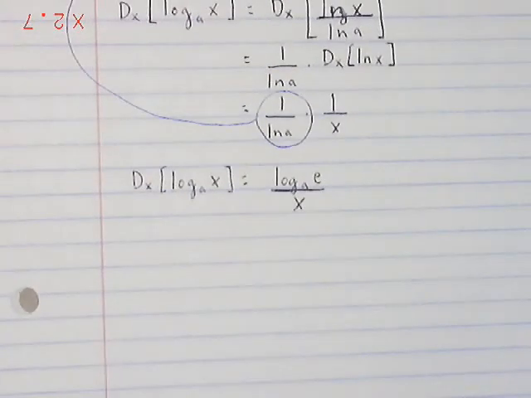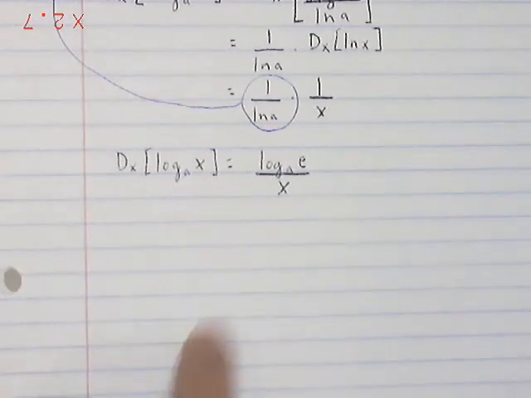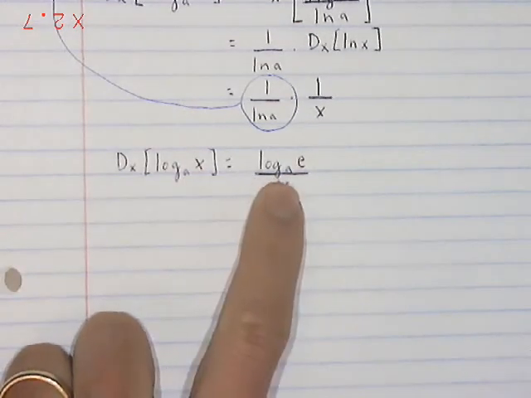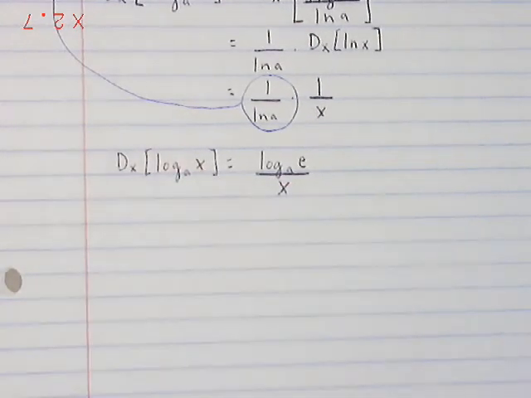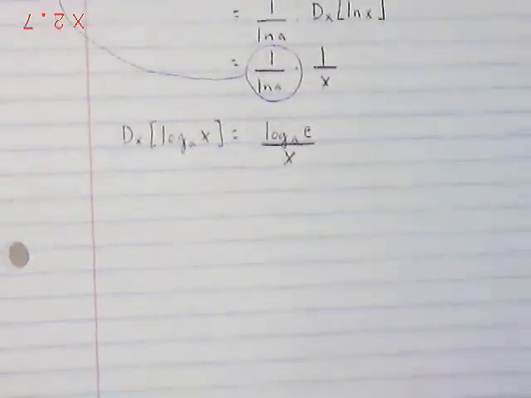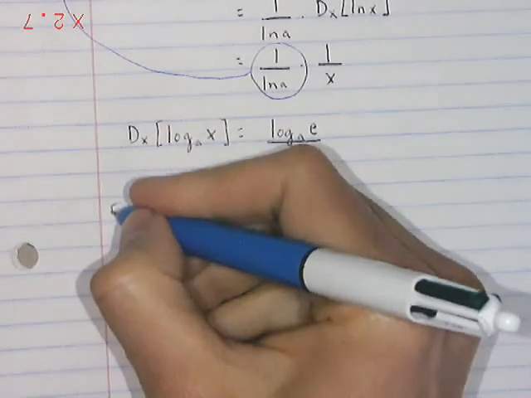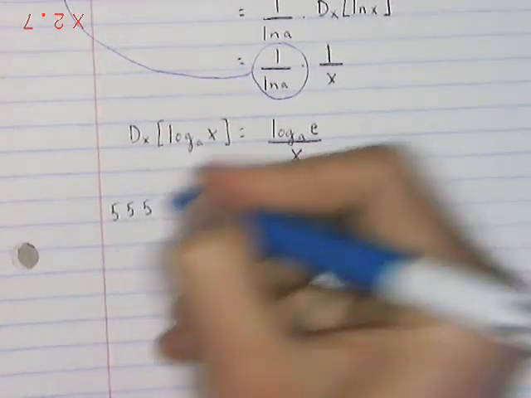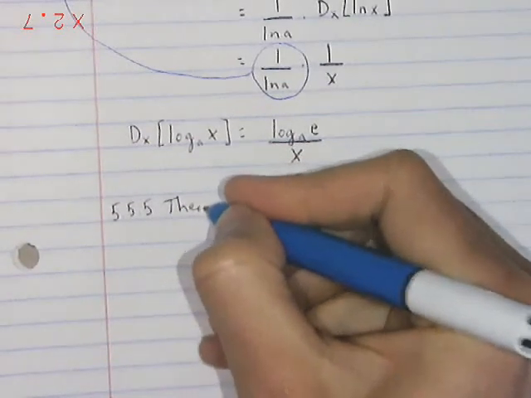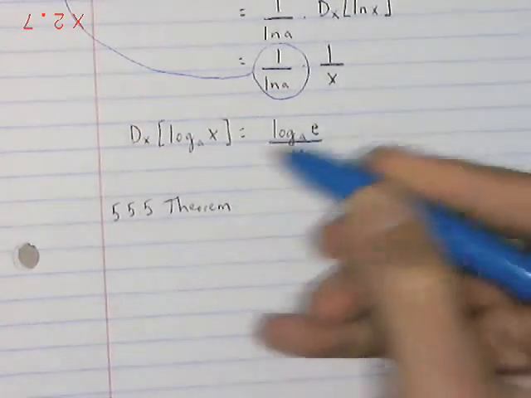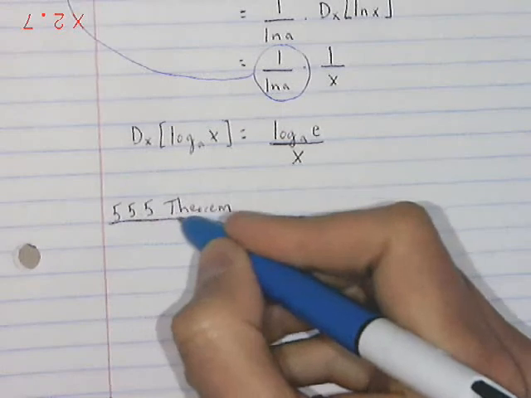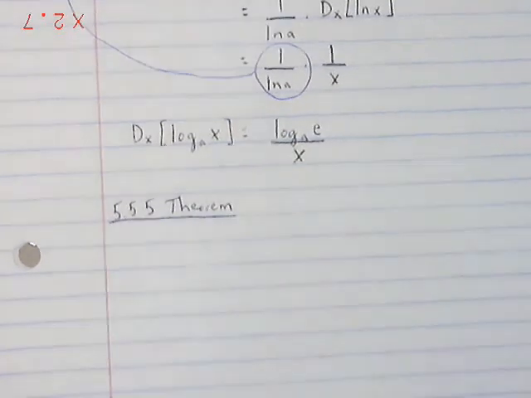Which leads us to the theorem version, where we're going to replace x by some function of x that we will call u. And this is the 5.5.5 theorem. Is that satisfying 5.5.5? Yes, I think so.